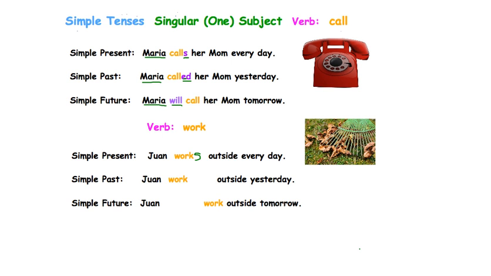Juan works outside every day, and that shows that the subject and the verb are matching. One person in the present tense, Juan works. In the past tense, with one person, we're going to show that we have the ed. Juan worked outside yesterday. And in the future tense, once again, we're going to add the word will. Juan will work outside tomorrow.